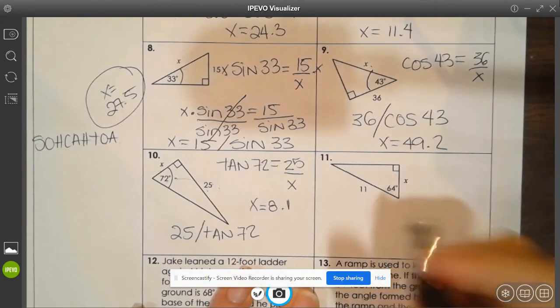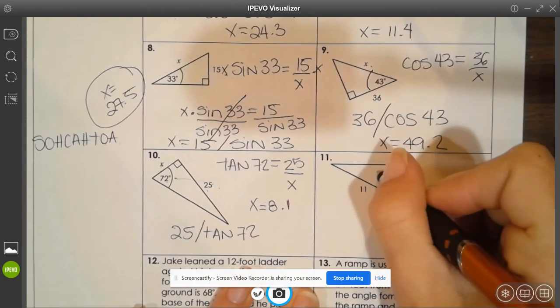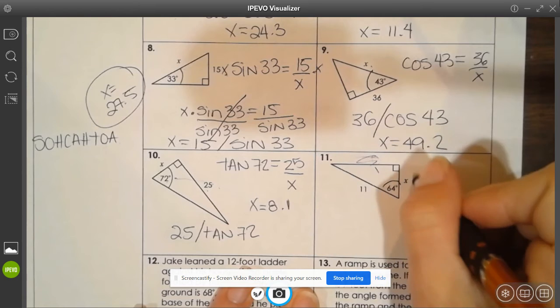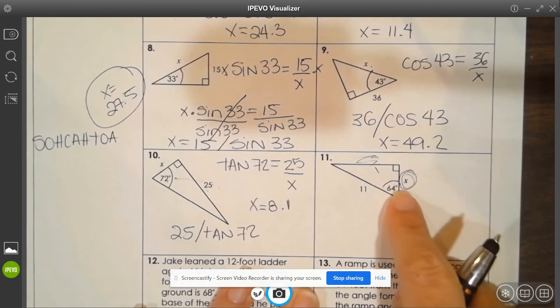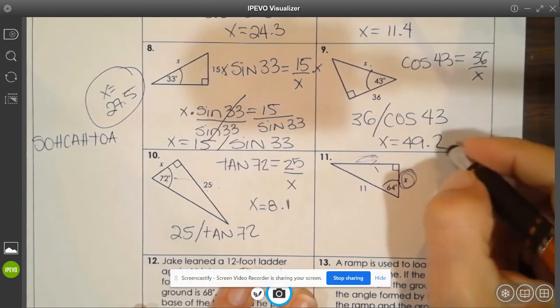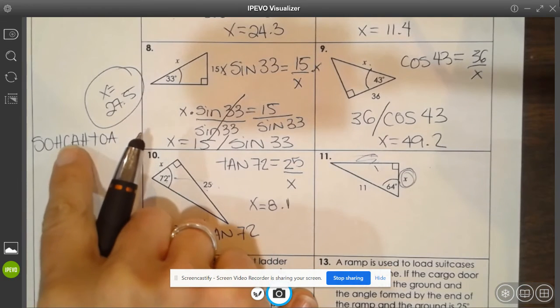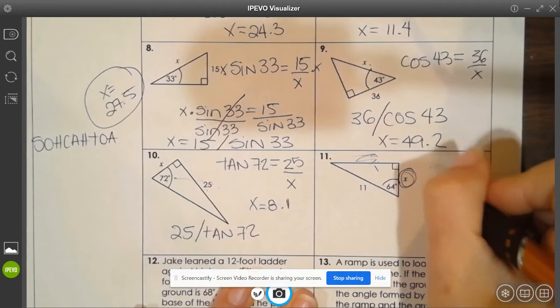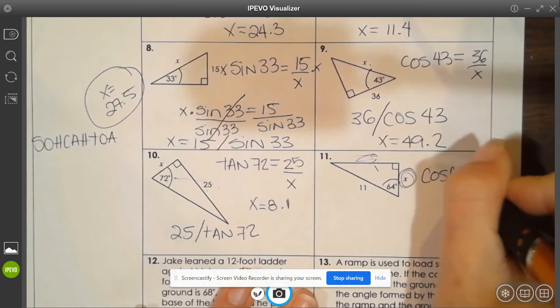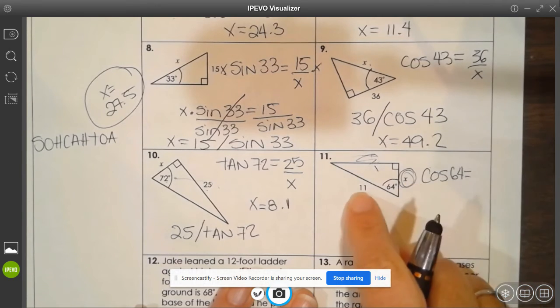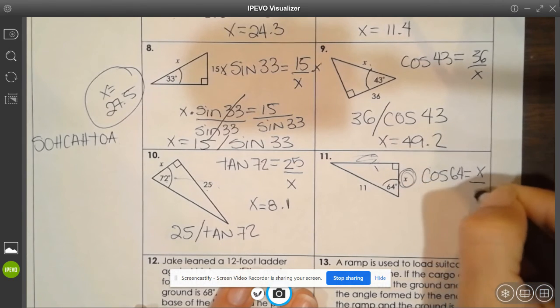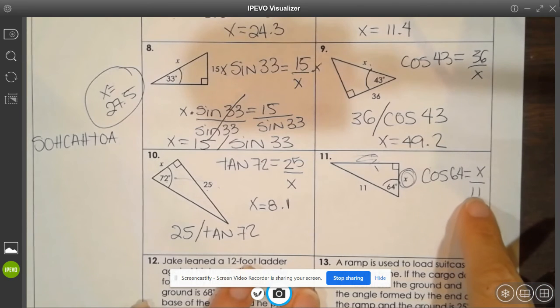All right, last one. We have this one. We don't have anything on the opposite side. We have the adjacent side and the hypotenuse. So that's definitely cosine, right? So adjacent and hypotenuse. So cosine of 64 equals adjacent over hypotenuse, x over 11. Now remember, we said that when the number is below, we're multiplying, right?